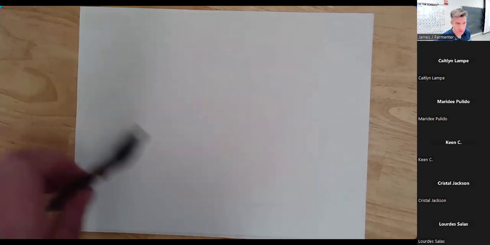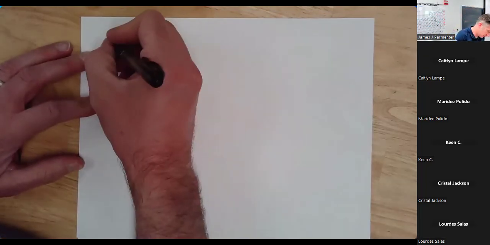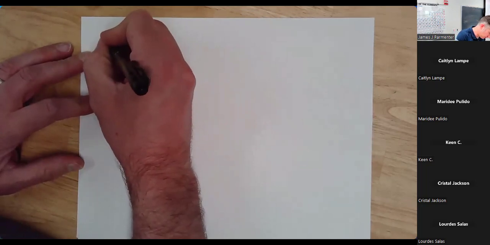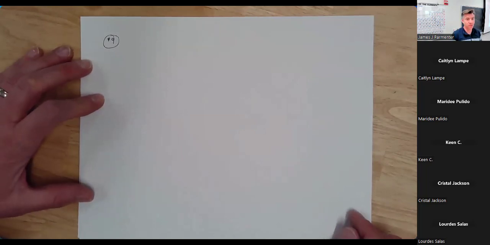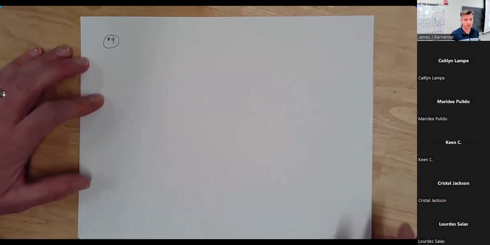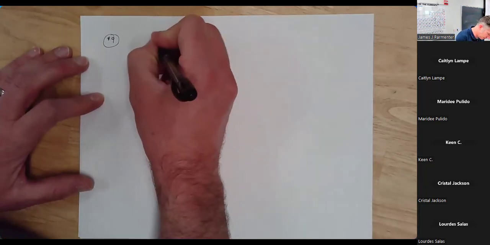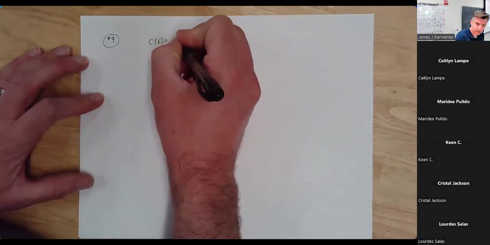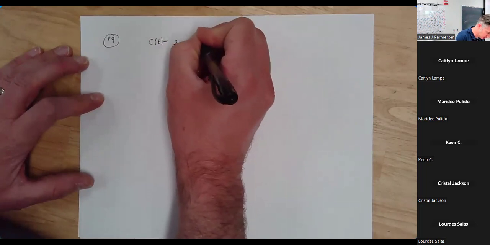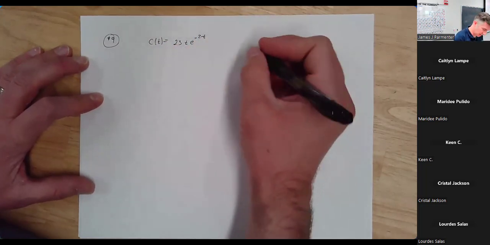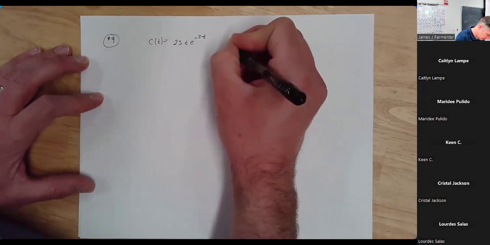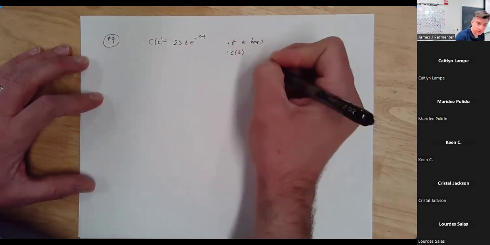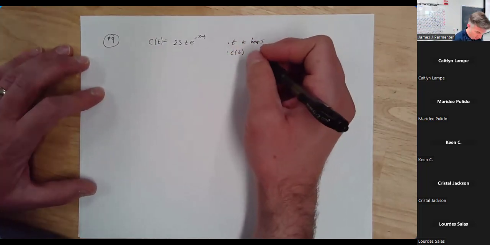It's worth looking at. This is number 9 from discussion sheet 5. I'm going to write the pertinent information. The plasma drug concentration of a new drug was modeled by the function C of t equals 23t e to the negative 2t, where t is measured in hours and C of t, the concentration, is measured in milligrams per milliliter.